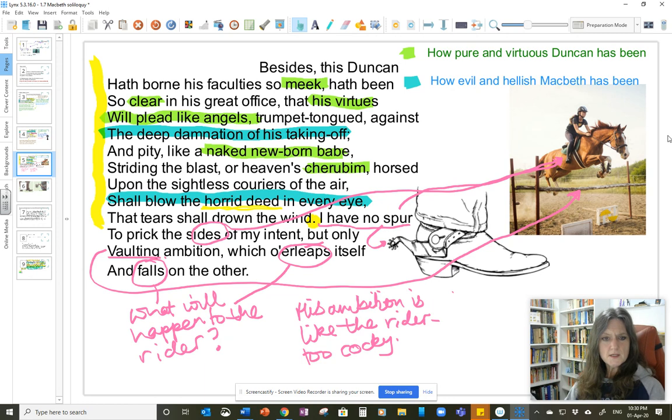And I would say that Macbeth is being extremely hyperbolic here. He's really, really exaggerating. And what he's also doing is bringing out this contrast between his own behaviour that he's plotting and Duncan's behaviour as king.